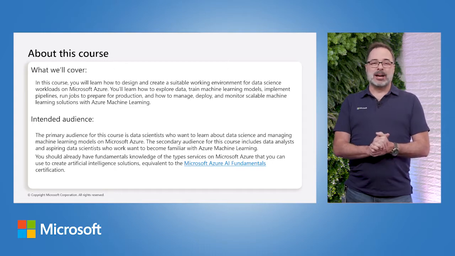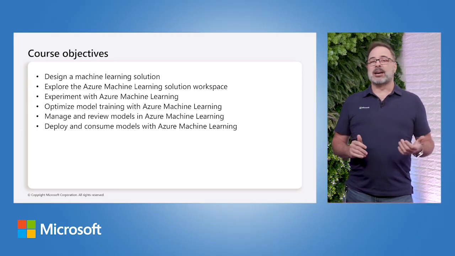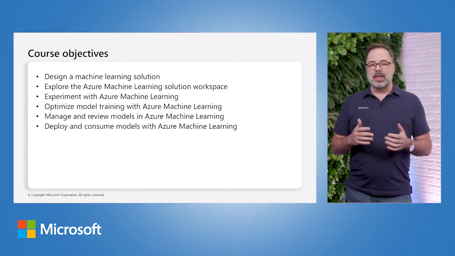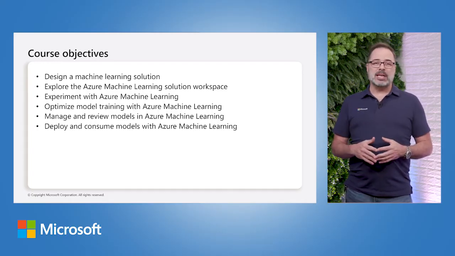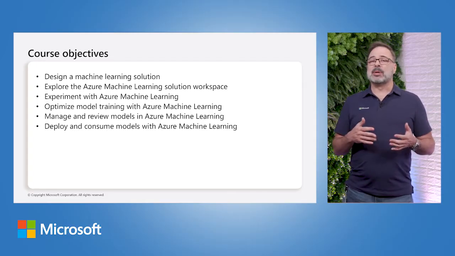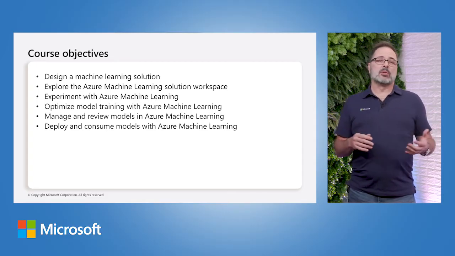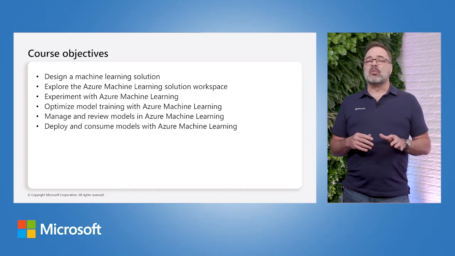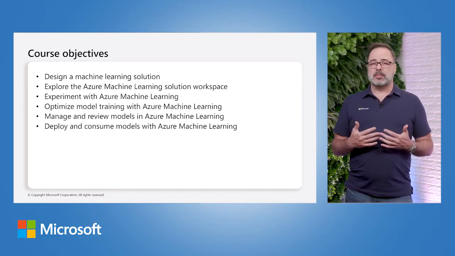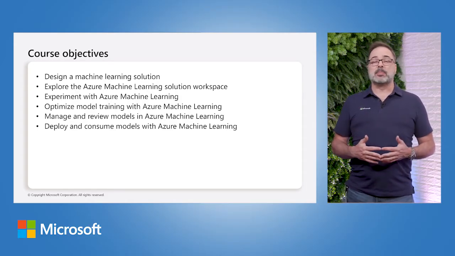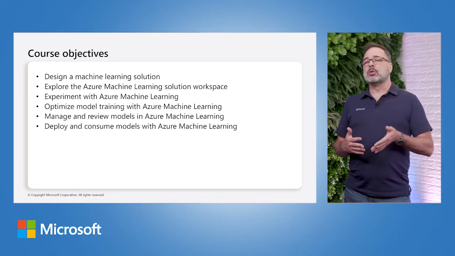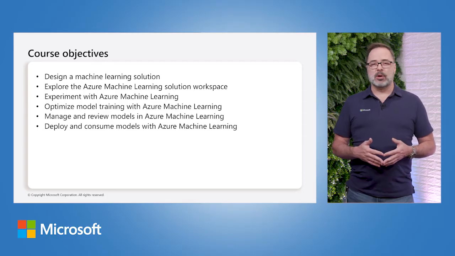Coming back to what we'll be covering in this course, more specifically, we'll start things off with how to design a machine learning solution. We'll then explore the Azure Machine Learning Workspace. We'll spend time examining the tools that we'll use to work with the workspace, and we'll also discuss how to configure the workspace for our needs. We'll then talk about how to create experiments using the automated machine learning service and how to track model training with MLflow.